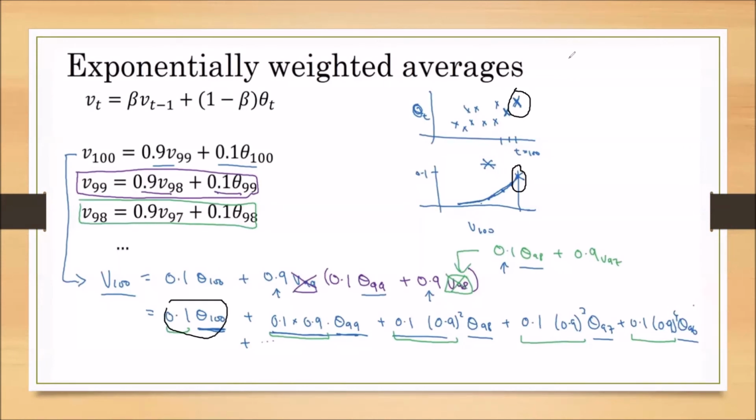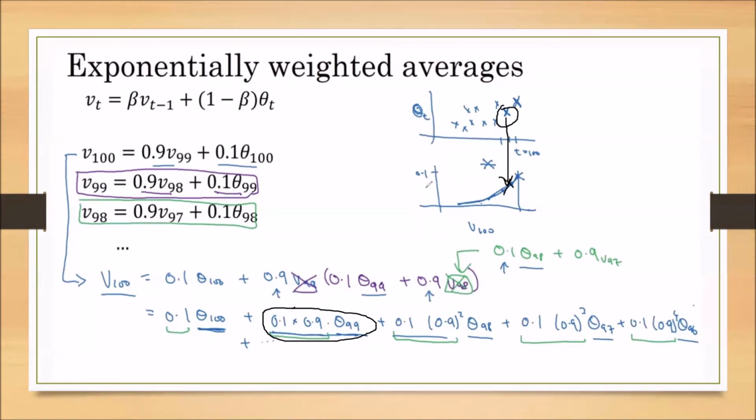Now I am representing the second expression, 0.1 into 0.9. This is theta 99, so I draw an arrow from the 99th day temperature, and I multiply it with 0.1 into 0.9.